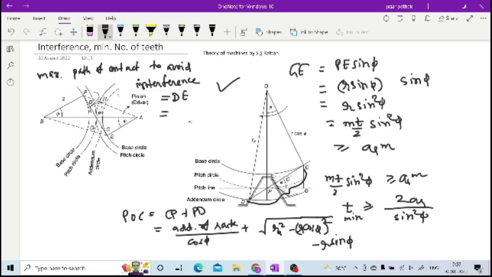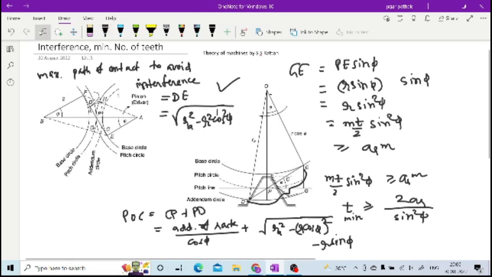And DE is nothing but square root of RS square minus R square cos square phi. So this is how you are having these different important terminologies and important things required for your gear drive.